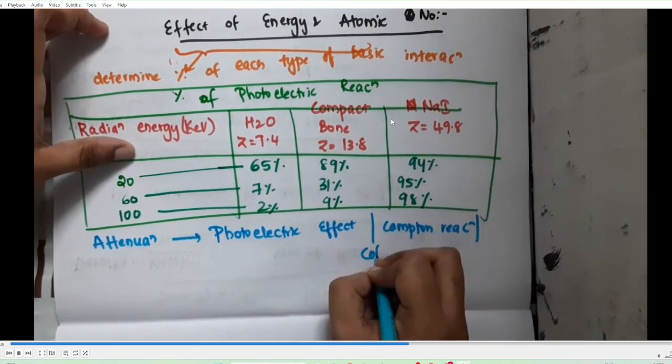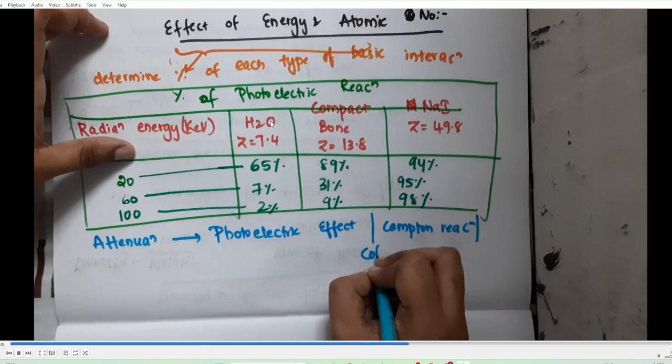Here, this is the table showing the percentage of photoelectric reaction. As the radiation energy increases, you can see the Compton reaction decreases.